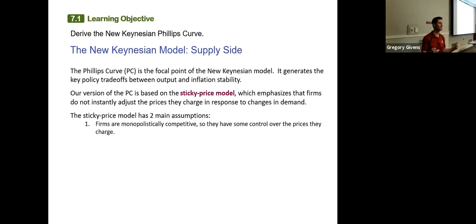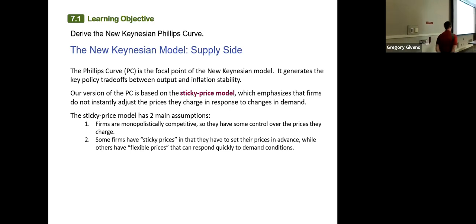If we're going to talk about a sticky price model, we've got to assume that firms can actually set prices optimally. Okay, and I guess the key assumption of the model is this idea about sticky prices. Now, what does that mean? In the model, we're going to have some firms that have to set their price in advance of demand conditions materializing.